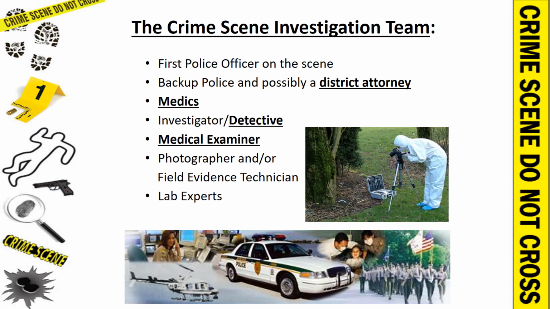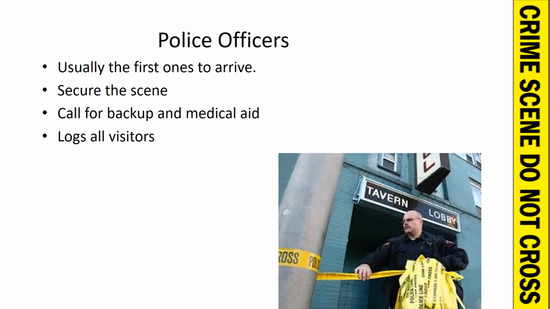Then the investigator or detective will eventually come out. And if somebody has died, the medical examiner or coroner, it's the same name, will come out. And then you're also going to have your CSIs and your photography experts. And then finally, your lab experts who will process the evidence once it arrives back at the lab.